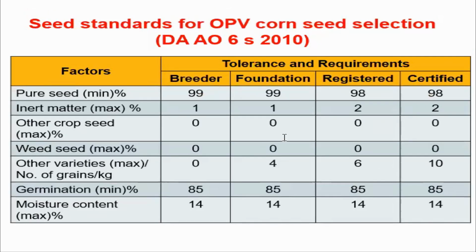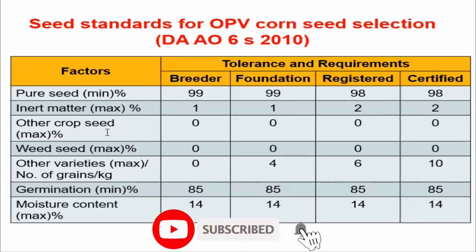Okay, another standard for OPV corn selection is the purity. For the factor purity, the breeder is 100%, 99. Foundation is 99%, while the registered is 89 and the certified seed is 89. The inert matter should be 1 for the breeder seed, 1 for the foundation, registered is 2, and certified is 2.